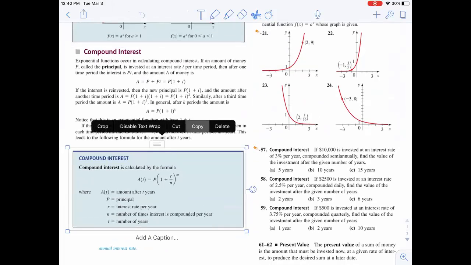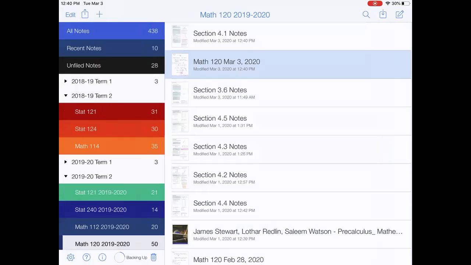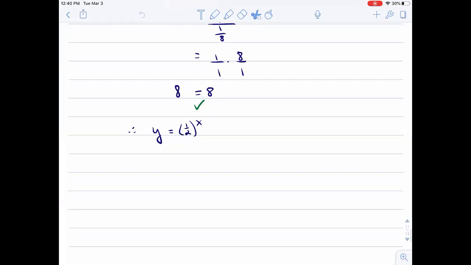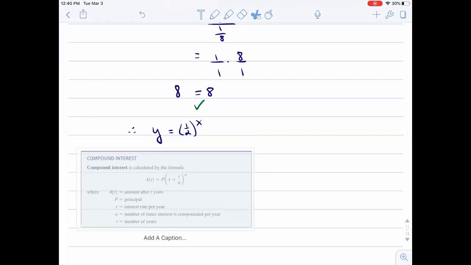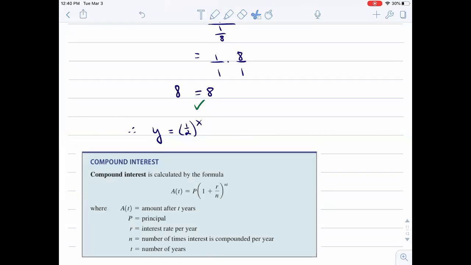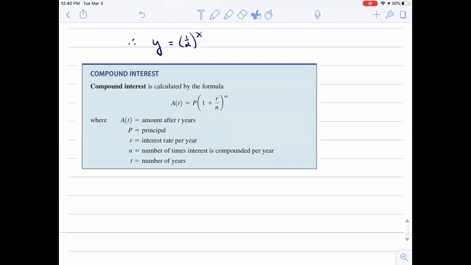Actually, let's just talk about, you've got the blurb in your notes. I'll just bring in the moneymaker here, which is just the formula. Okay. So how compound interest works is, you deposit some initial amount, some principal amount, right? Let's say you deposit $10.